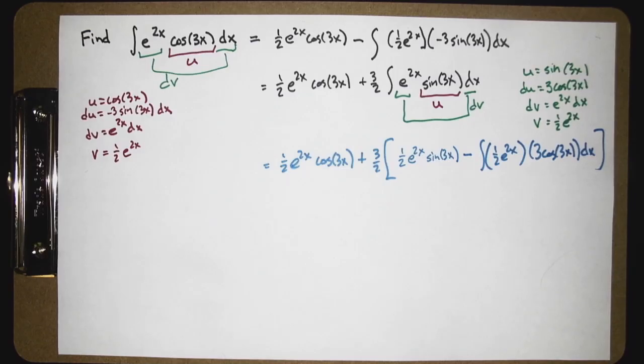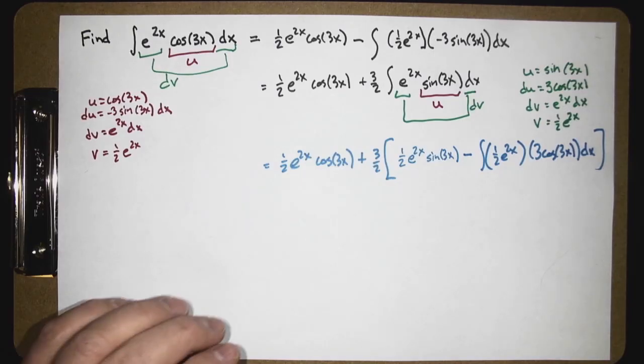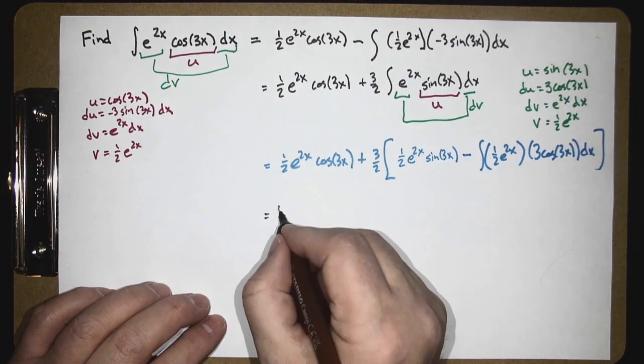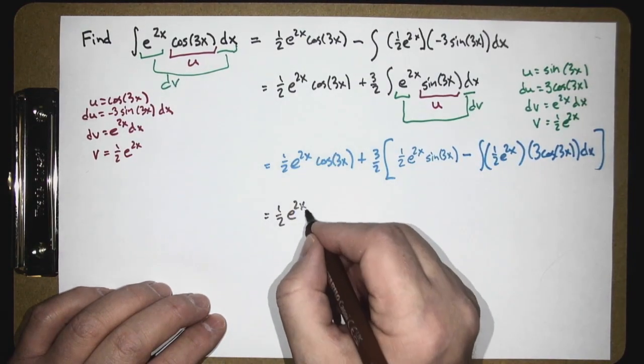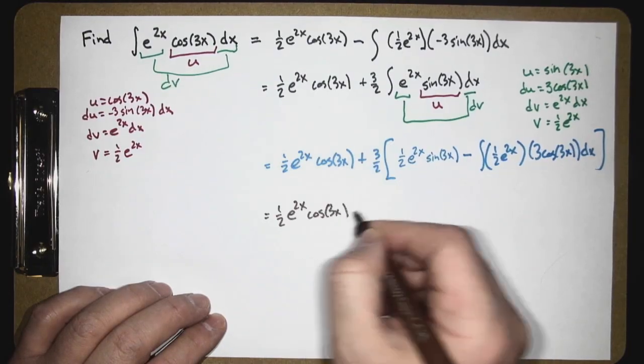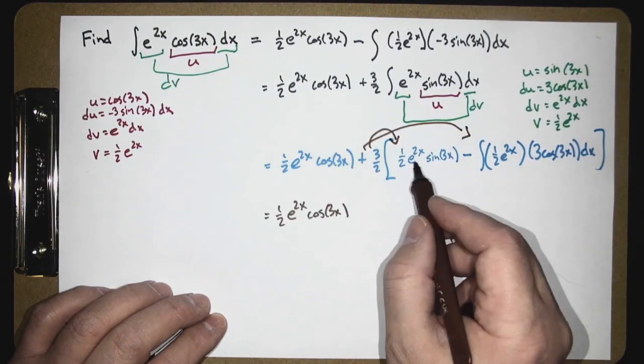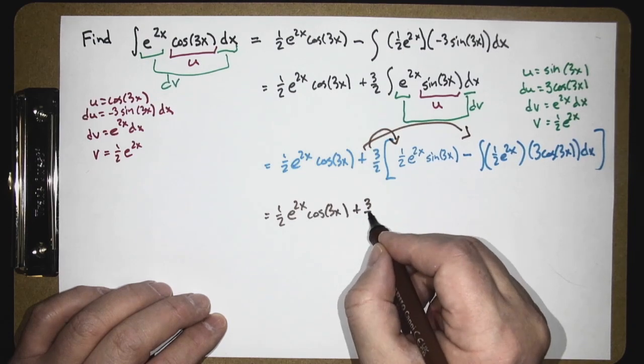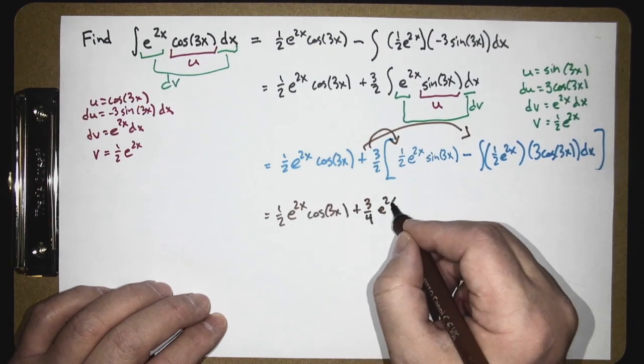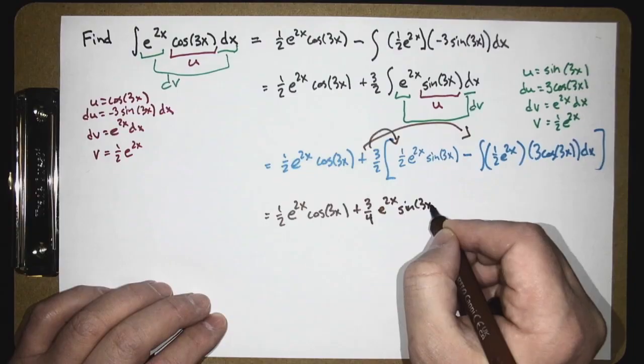All right. So we are at the following point. 1/2 e to the 2x cosine 3x. We'll distribute the 3/2 in. So 3/2 times 1/2 makes 3/4 e to the 2x sine 3x.